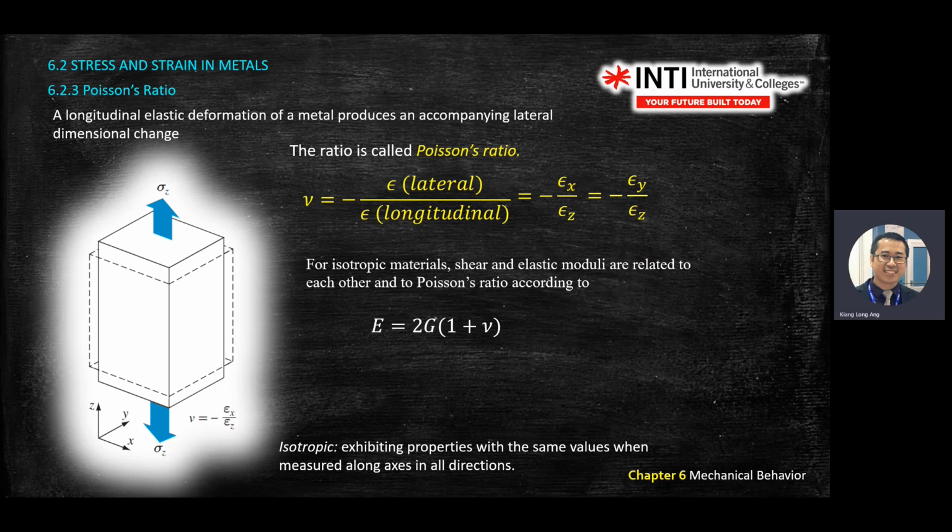Because E you can calculate, or sometimes you're given. The Poisson ratio you can calculate from the strain value. G will be the one that is maybe missing. Or if you're given G, you can reverse calculate using the Poisson ratio to get back the modulus Young.